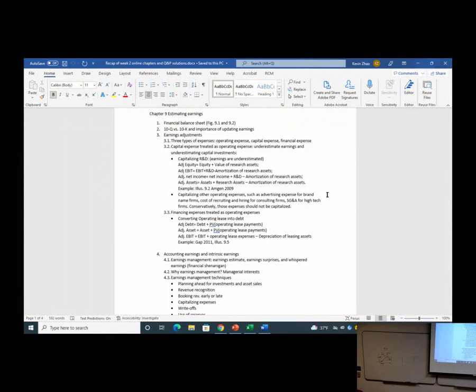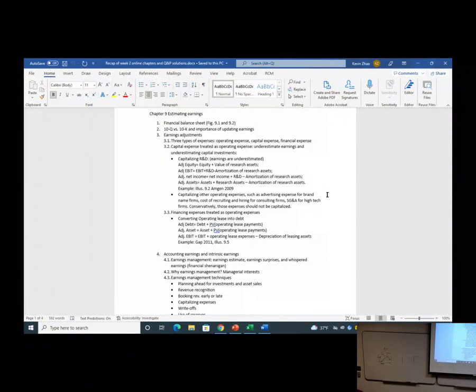And on the income statement, you make an adjustment on that EBIT and the net income, right? Sales minus expenses equals EBIT, minus interest, EBT, minus tax, that gives you net income, right?